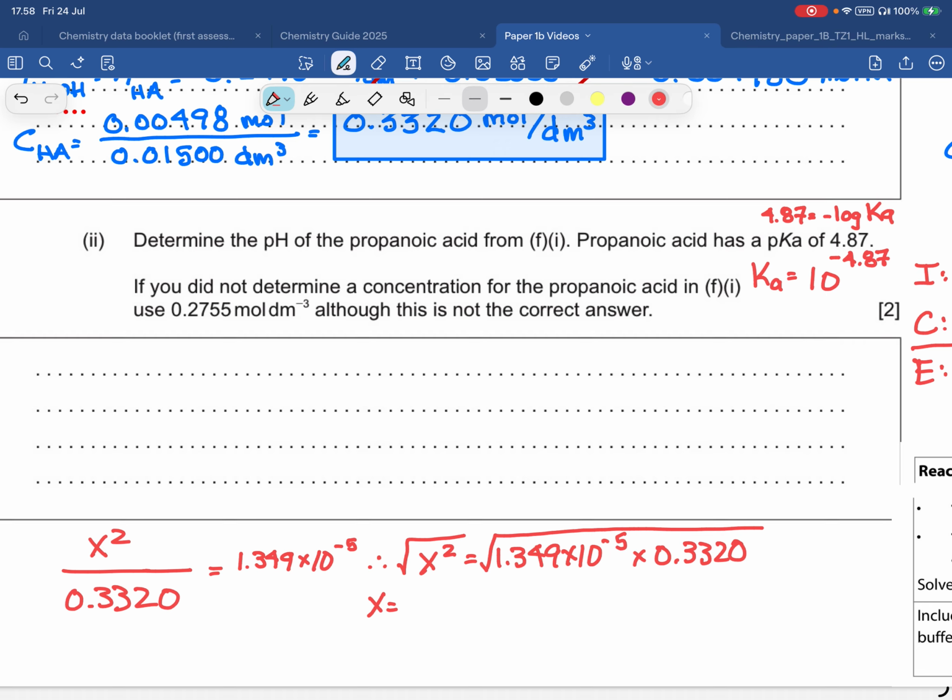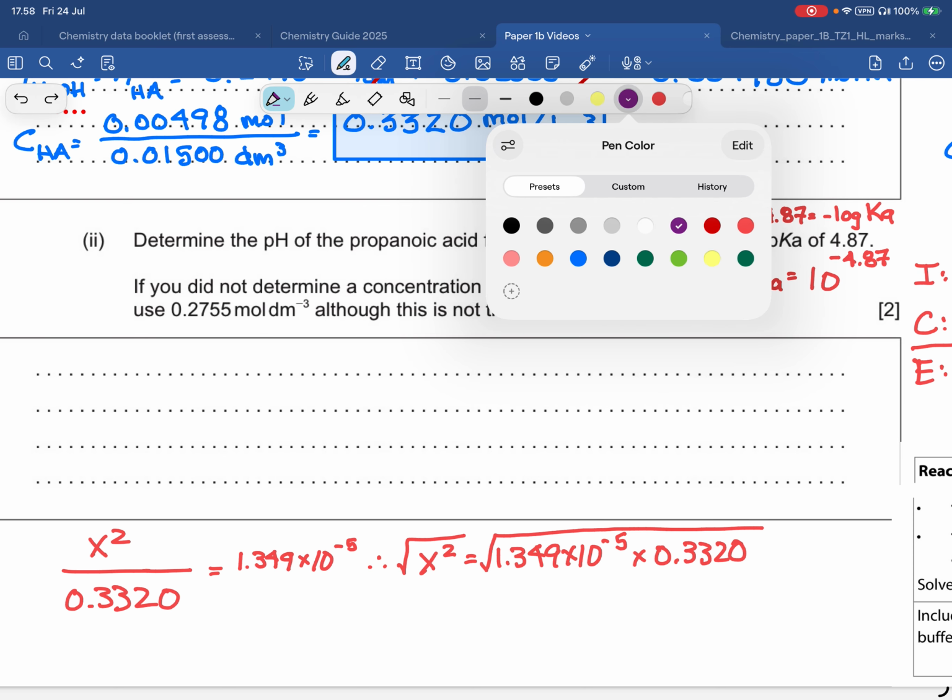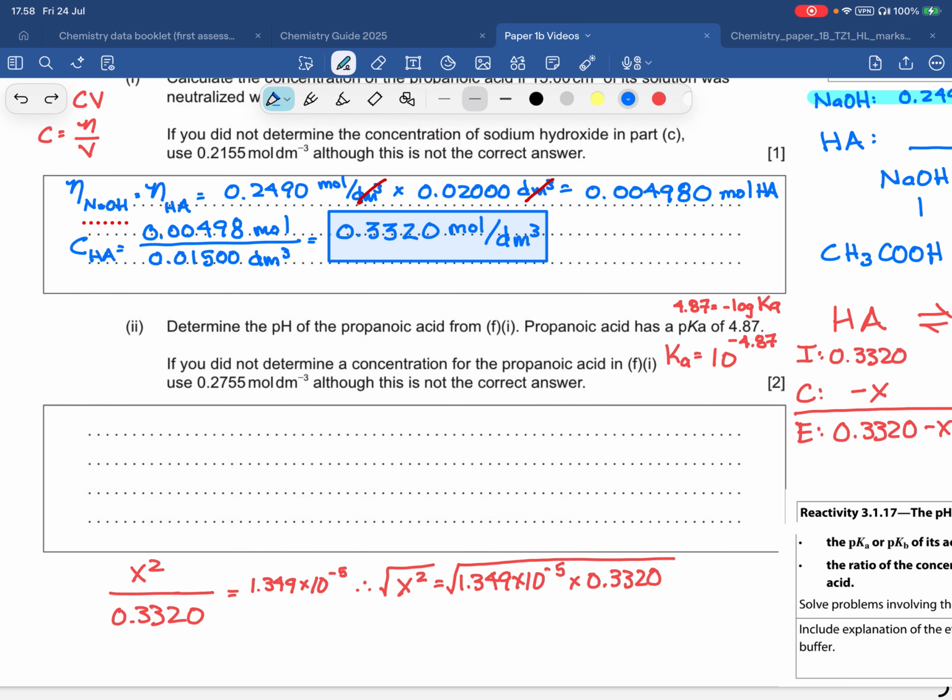And I'm going to do this bit actually up in the problem, because this is what would show up on the problem. X is equal to the concentration of hydronium is equal to the square root of 1.349 times 10 to the negative 5th, that's the Ka, times 0.3320, that's the concentration of the propanoic acid, and then I'm going to do that in my calculator.